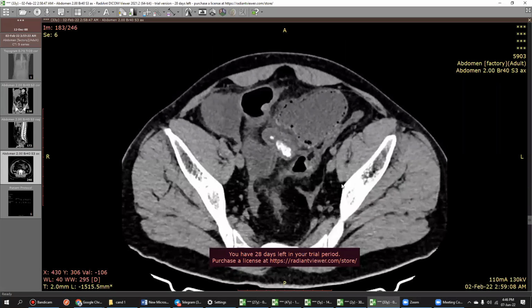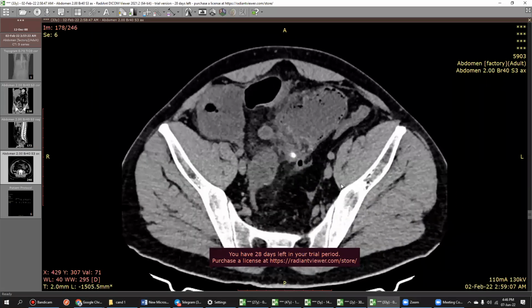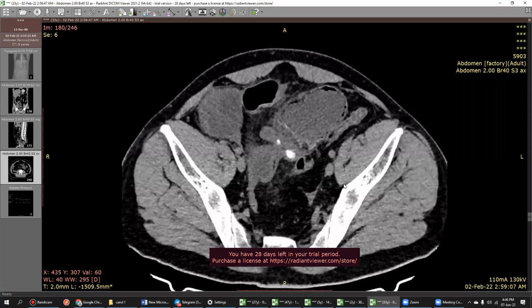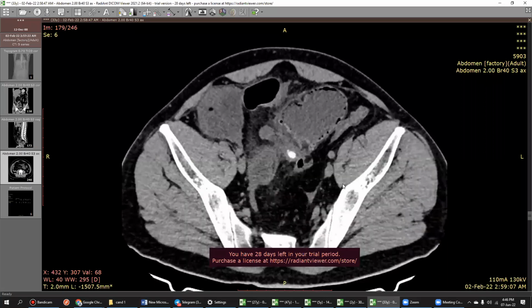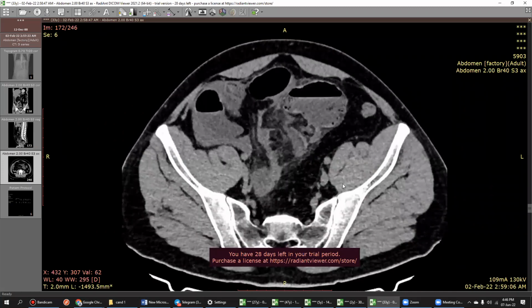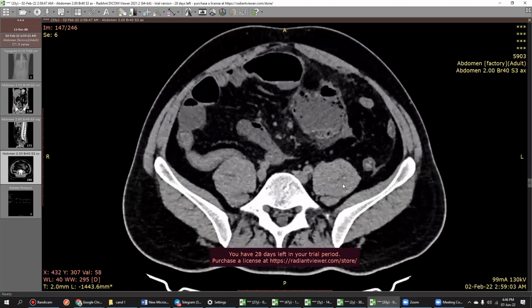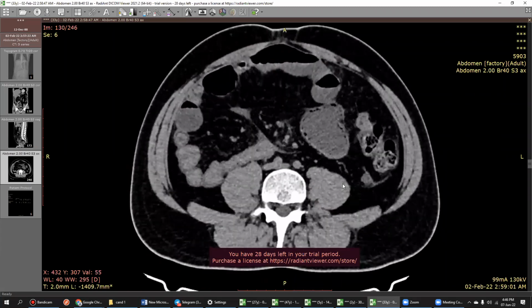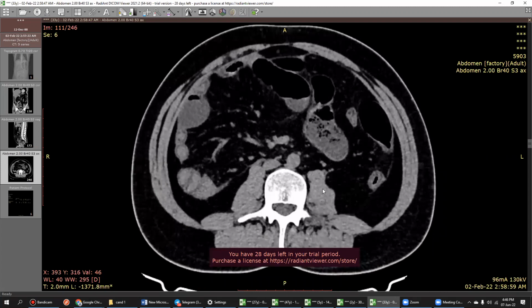So it looks like to be part of the large bowel, and I can see some hyperdensity, a hyperdense area as well, which might be related to previous contrast in the bowel. However, I would like to have a look.